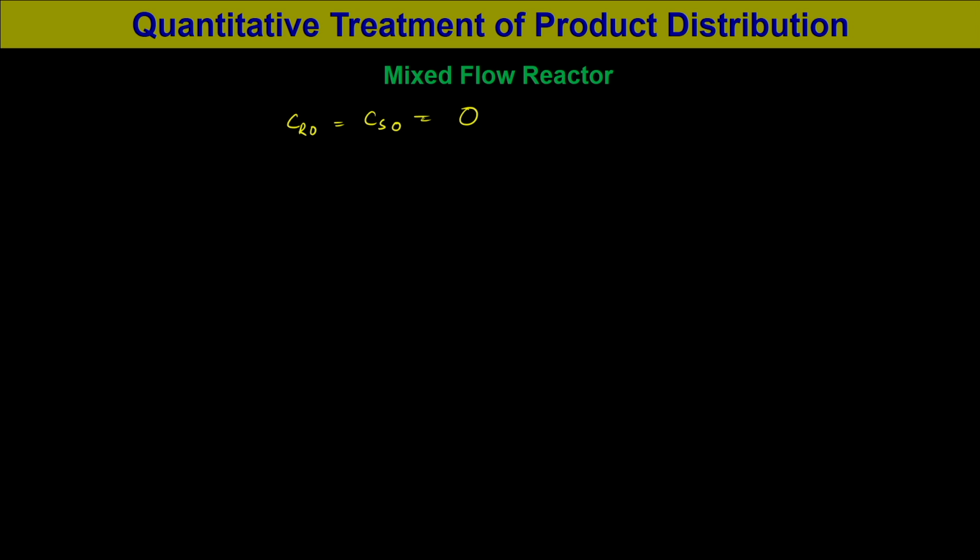Now, if we do the material balance at steady state, input would be equal to output plus disappearance due to the reaction.